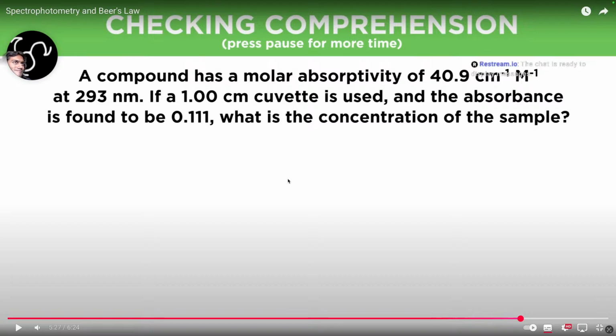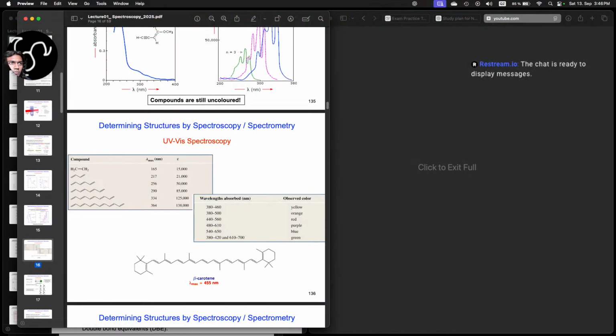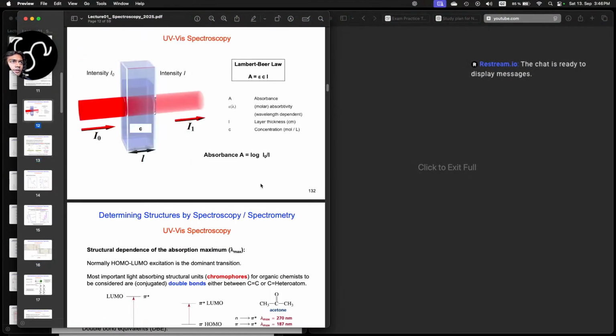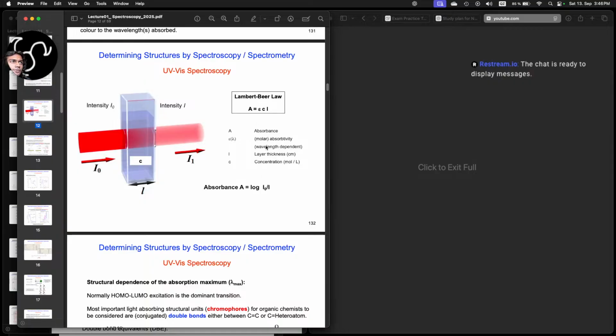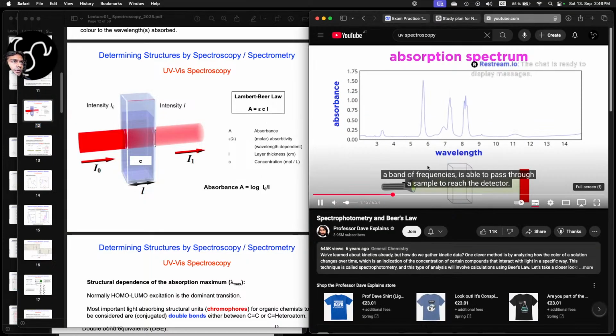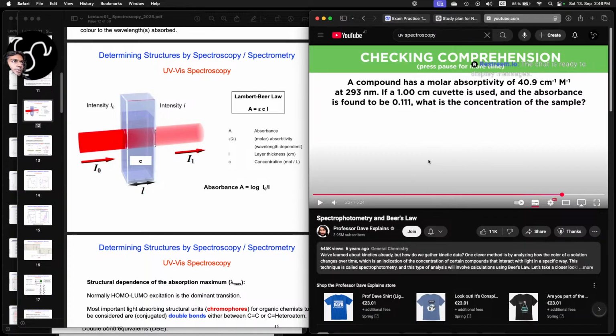Okay, molar absorptivity, that should be the epsilon symbol. What's the Beer-Lambert's law? Epsilon. Okay, so I think that's the thickness. No, this would be the thickness. So what is the nanometer?